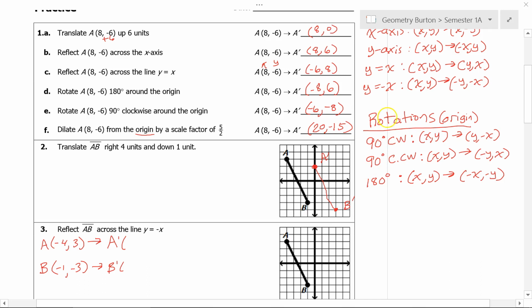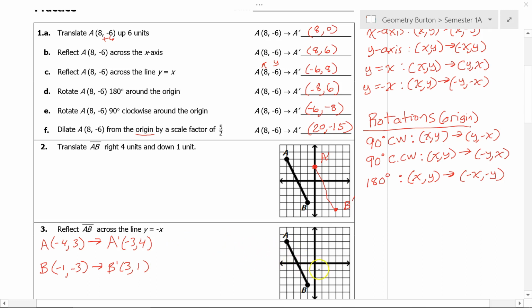Again, reflection over the line y equals negative x, that's going to be opposite of y, opposite of x. So opposite of y, that'll be negative 3. Opposite of x, that'll be positive 4. Opposite of y, that'll be positive 3. Opposite of x, that's going to be positive 1.